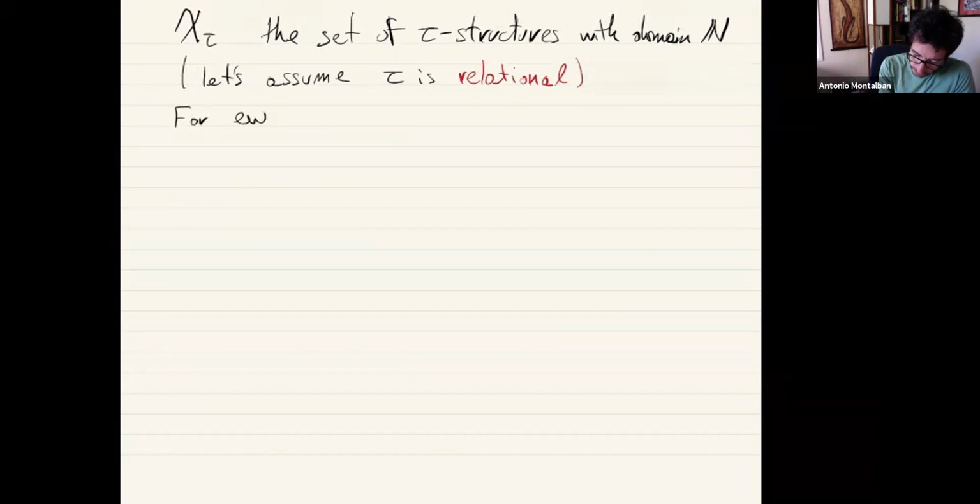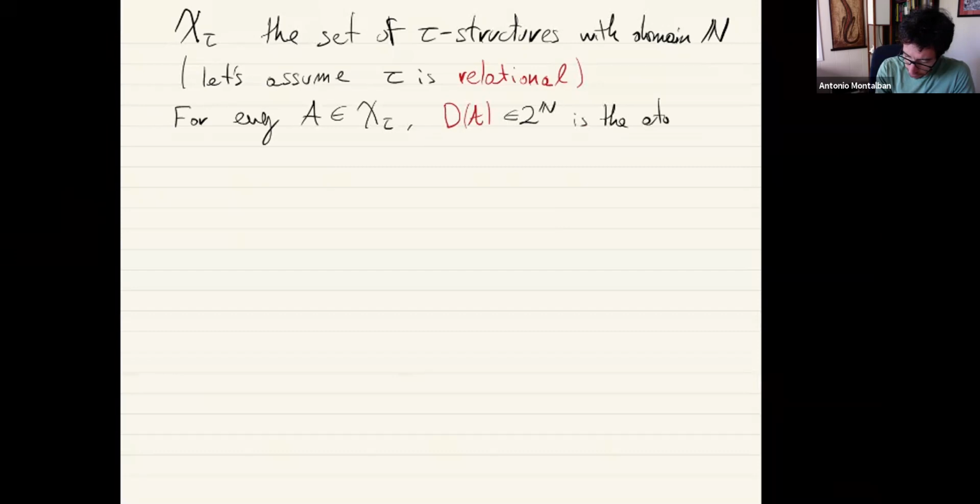So for every A, a structure with domain omega, with domain the natural numbers, we define D of A, which is the atomic diagram of A.